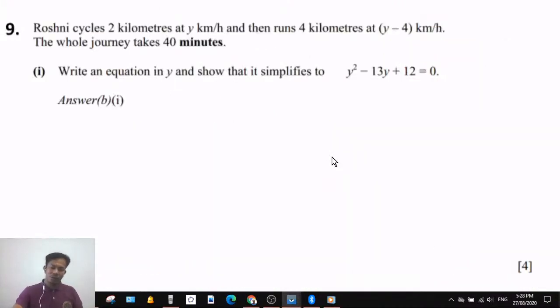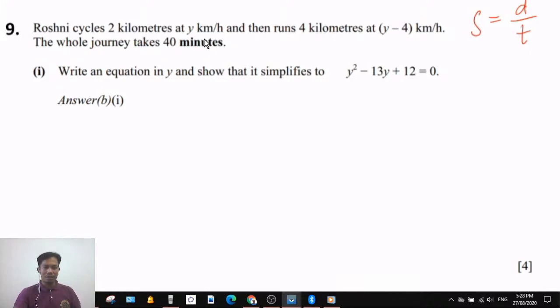Next, let's move on to question number 9. Roshni cycles 2 kilometers at y kilometers per hour. Remember, speed is equal to distance over time. So you are given the distance and the speed.